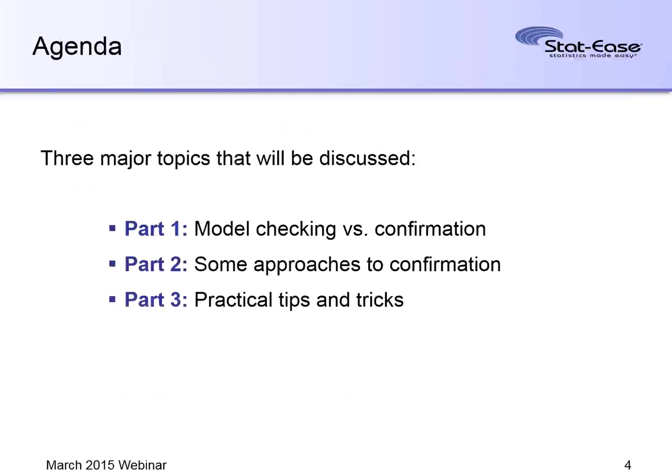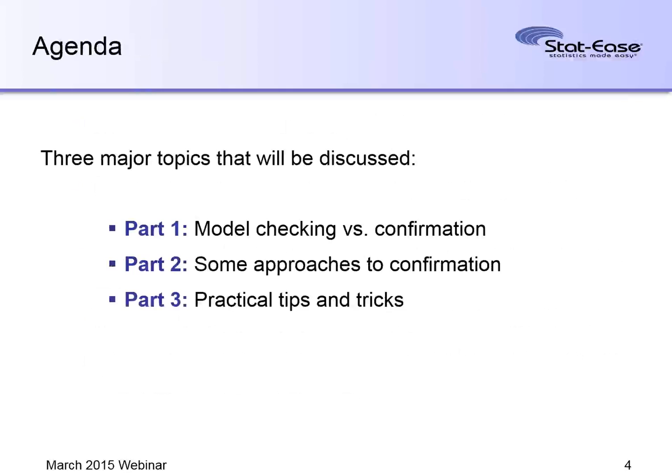Today's webinar will be divided into 3 parts. The first part has to deal with this issue of model checking versus model confirmation. Most people that have taken an introductory course in statistics or in experimentation will probably already have dealt with this issue, or will have at least heard of this issue of model checking.